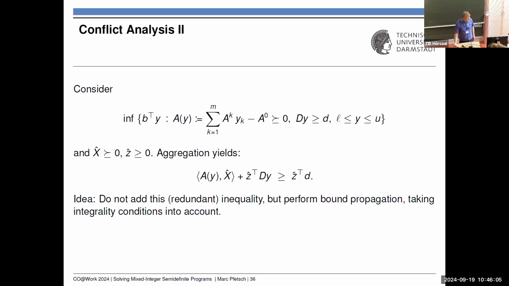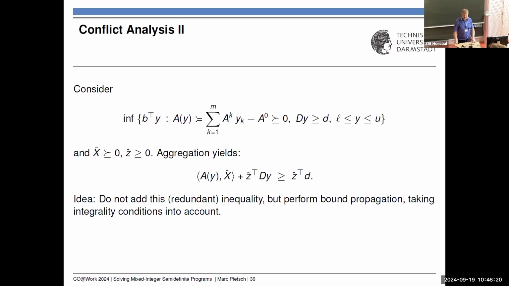Okay, and imagine that we have a positive semidefinite matrix X hat and a non-negative vector Z hat greater or equal 0, obviously. And now we can aggregate the constraints of this program.